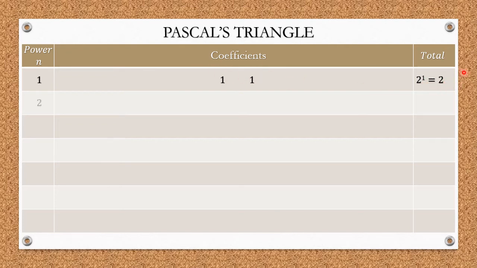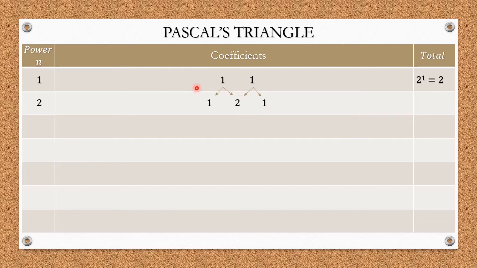Okay, if the power is 2, how are we going to write it down? First of all, we write this 1 in the diagonal here, so it will be just 1. Then we make a total of both of these ones here, that will get you 2. And then this one will again be written diagonally here, that will give you 1.